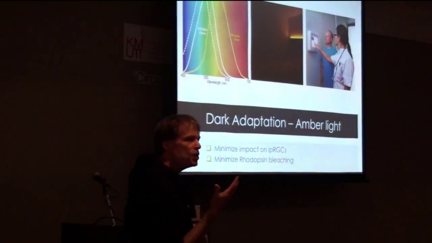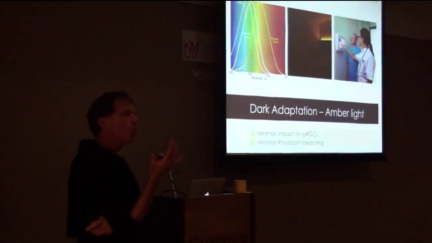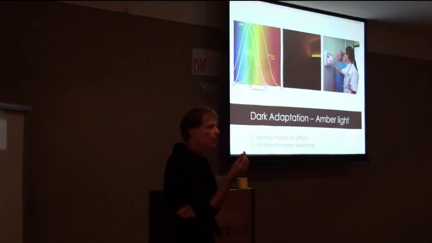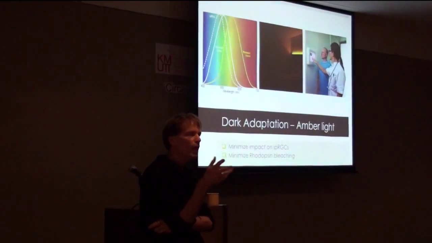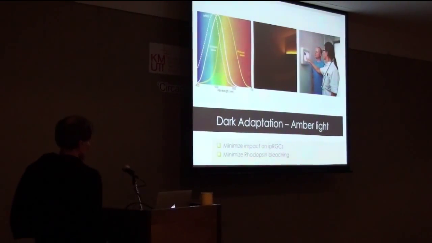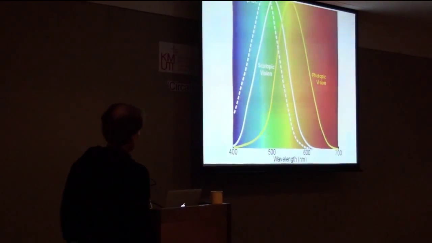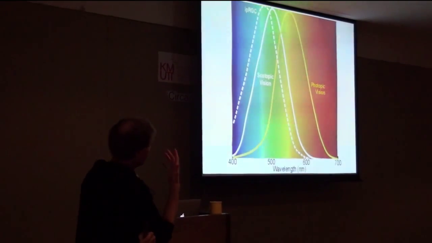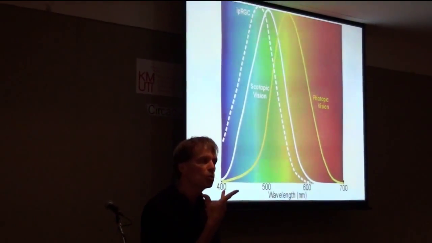The dark adaptation part of this was less directed towards the circadian balance and more directed towards preserving dark adaptation at night by non-bleaching of rhodopsin. Okay? And so this is the main focus on this part. You've got the impact on the melanopsin receptor, so you don't want any blue lights.